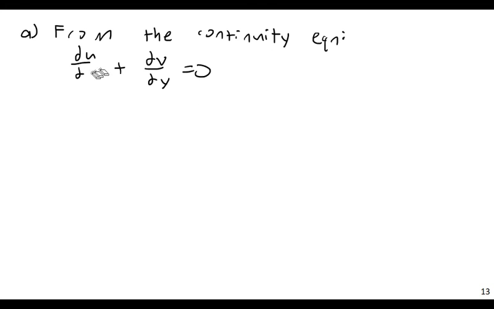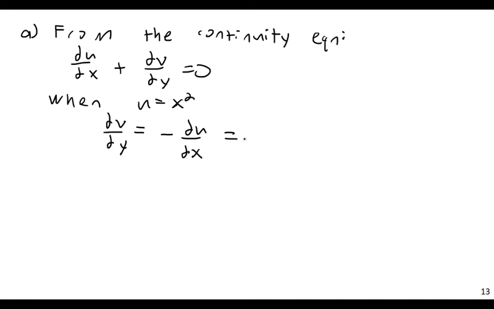Now, when u is equal to x squared, we will have the partial of v with respect to y is equal to the negative partial of u with respect to x, which is negative 2x.